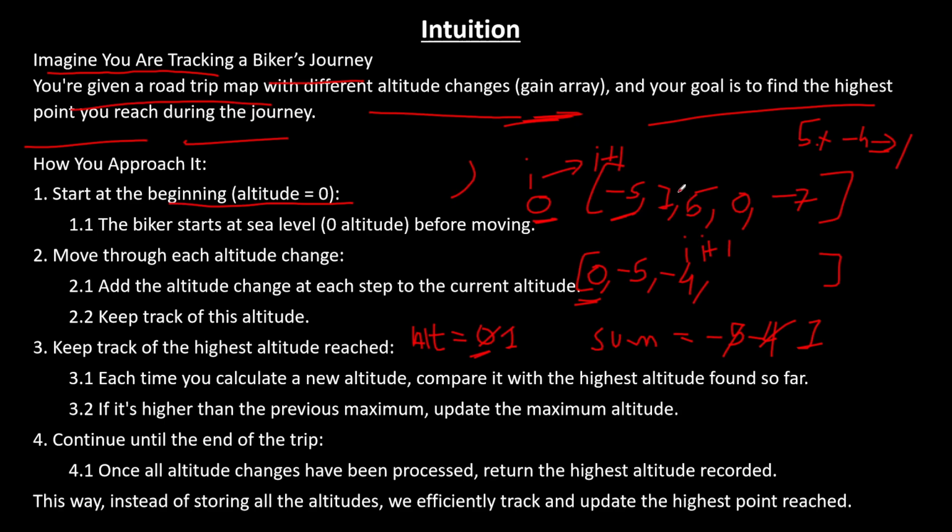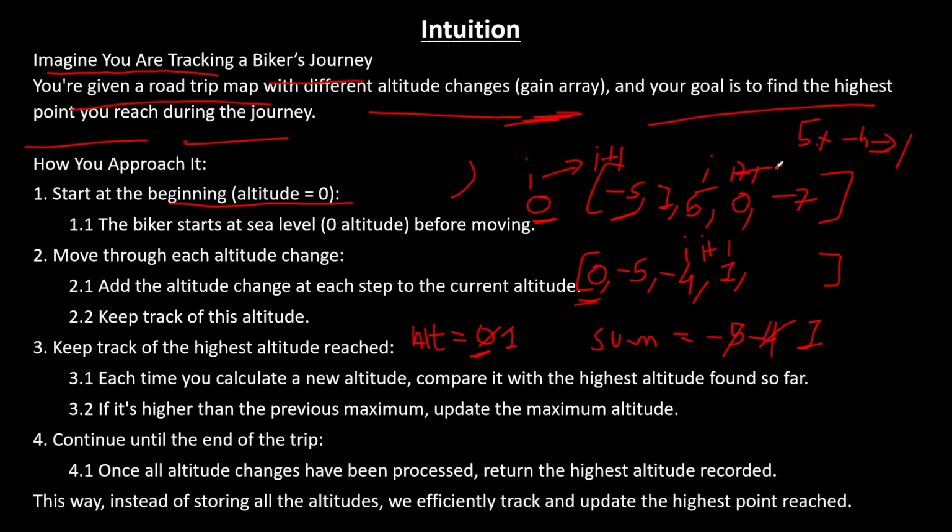Now, when you move to I plus 1, which is 0, you just add 1 plus 0 equals 1. Again we got the same value 1, so we don't have to change the altitude and the sum.